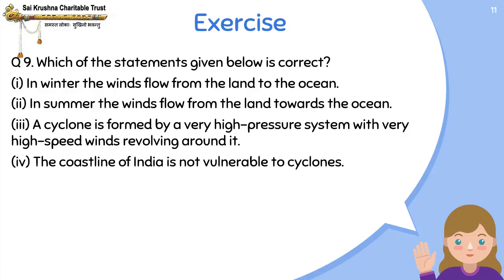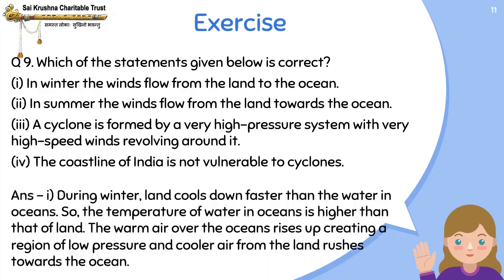Again, this is not correct because a cyclone is formed by a very low pressure system with high speed winds revolving around it. Second one, in summer, the winds flow from land towards the ocean. This again is incorrect because we know in summer the winds flow from ocean towards the land. So the first one is the one which is correct.